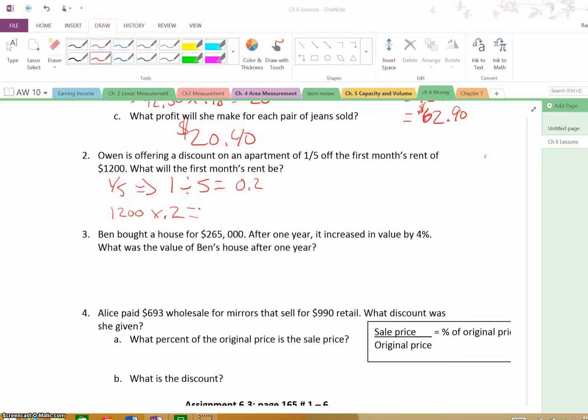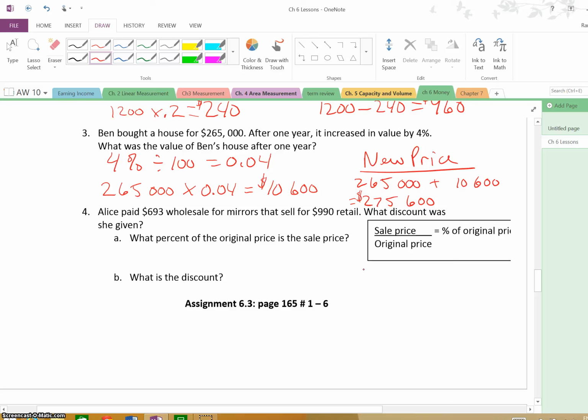Okay, finally here, let's take a look at what Alice is doing. So Alice paid $693 wholesale for mirrors, and she sells them for $990 retail. What increase was she given? So I'm going to take what she sells it for and compare it to the original price.